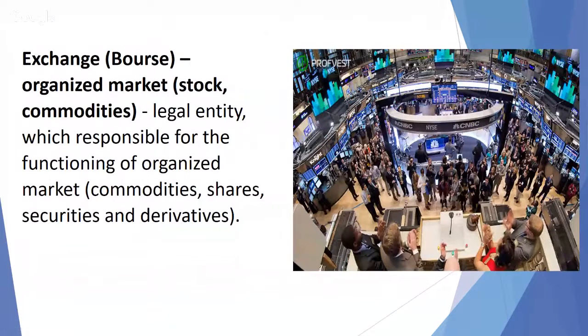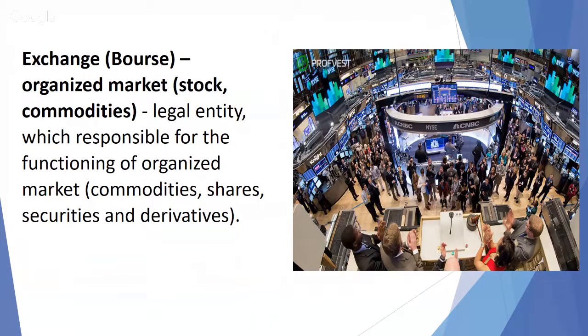Let's start with the exchange or bourse. It's a legal entity which is responsible for the functioning of an organized market for commodities, shares, securities, and derivatives. It's a place where liquidity is created and where someone who wants to buy can find a person who wants to sell.